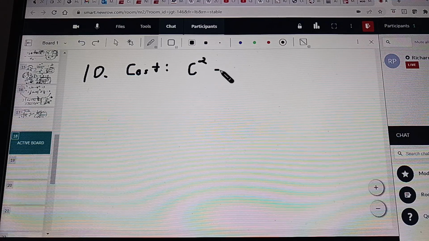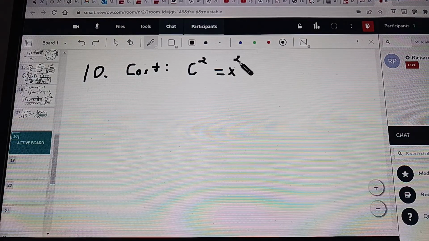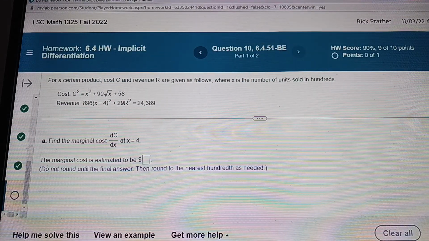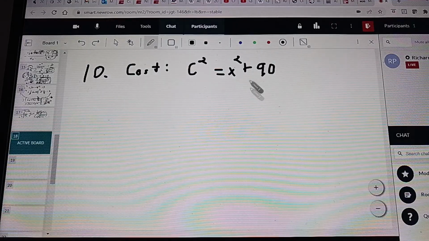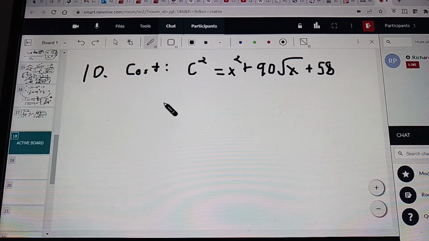C squared equals x squared plus 90 square root of x plus 58. Okay, so the derivative of this, you would do 2c.